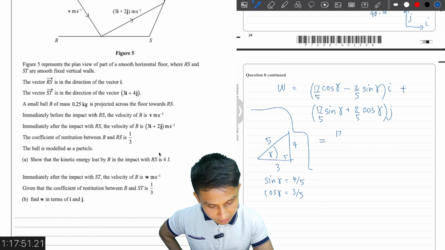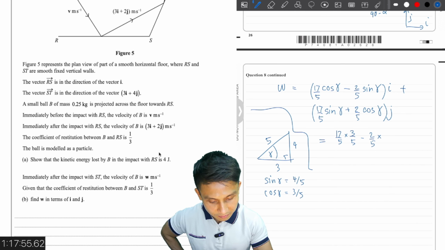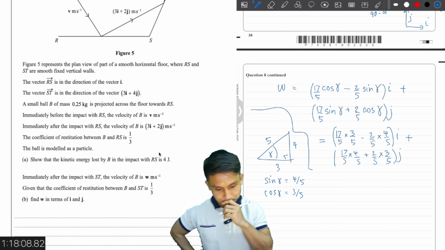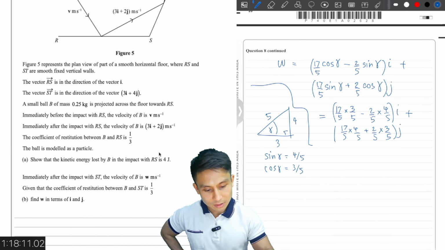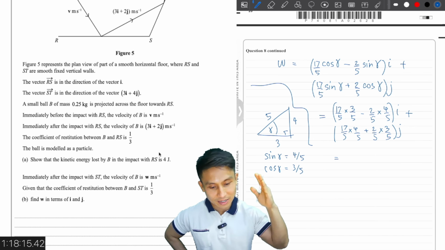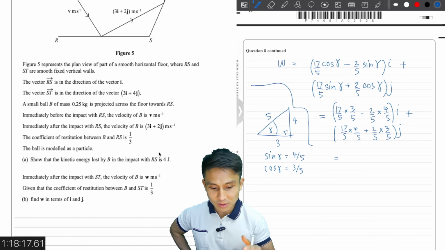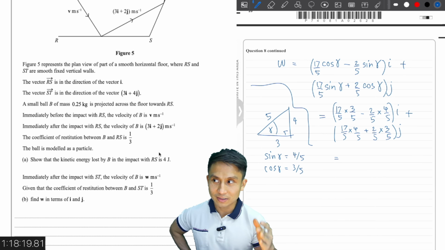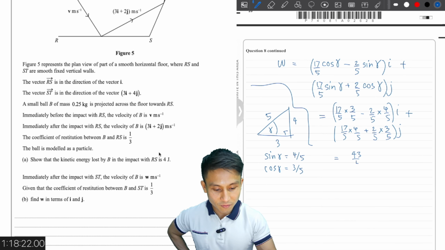So 17/5 times 3/5 minus 2/5 times 4/5 I plus 17 over 5 times 4 over 5 plus 2 over 5 times 3 over 5 j. Yeah, so what's that? 17 times 3 is 51. 51 minus 8, so that's 43 over 5i.